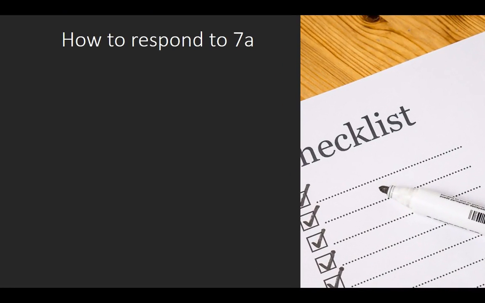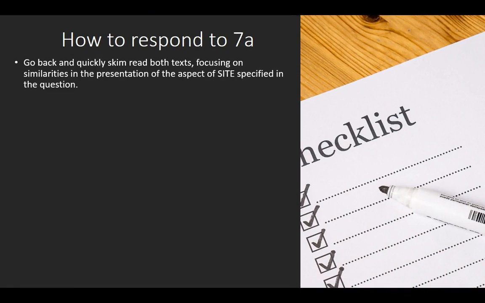So how do we respond to 7a then? Go back and quickly skim read both texts. Remember, by the time you get to question 7, you have already read and answered a number of questions on both of these texts. So you've skim read them and you've gone back and read them for meaning and highlighted and annotated them.